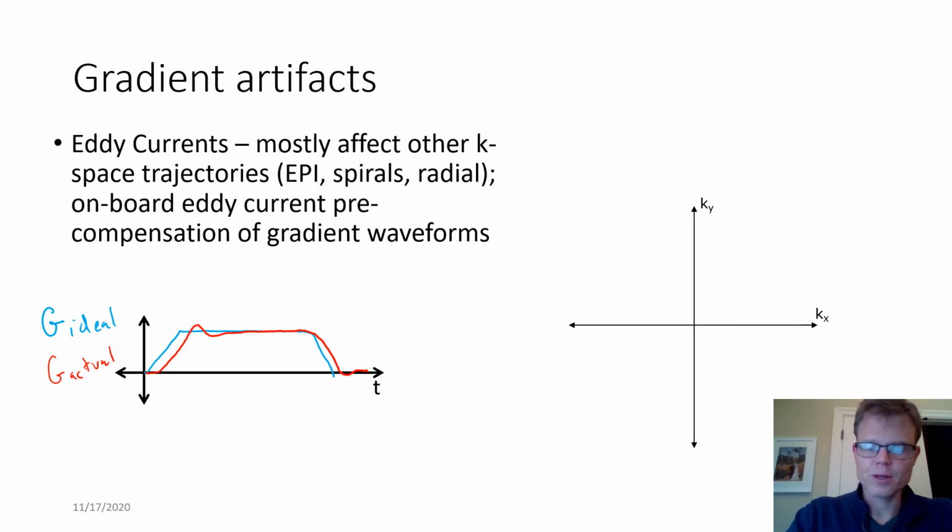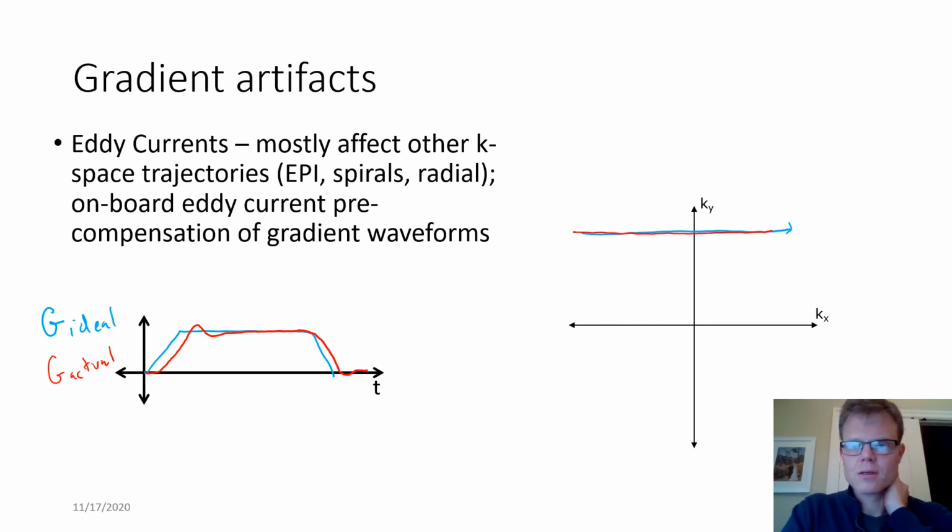So, for example, what could happen if this was not accounted for would be you'd expect to acquire a k-space line here. But this means things are a little bit lagging, so you'd actually not acquire the same location in k-space, but you think you've acquired a different location.